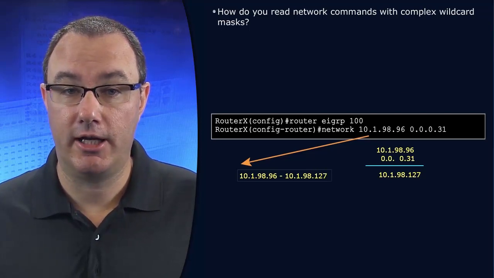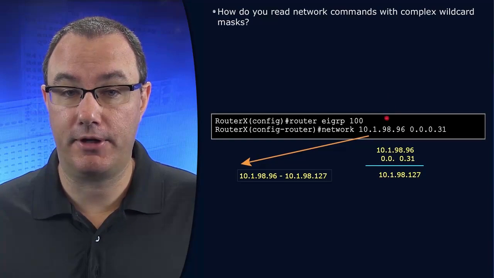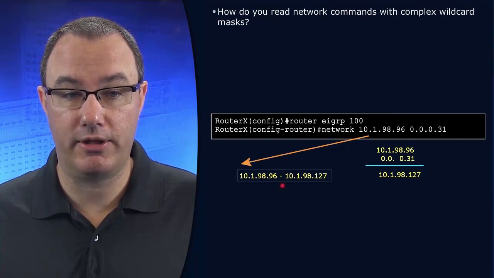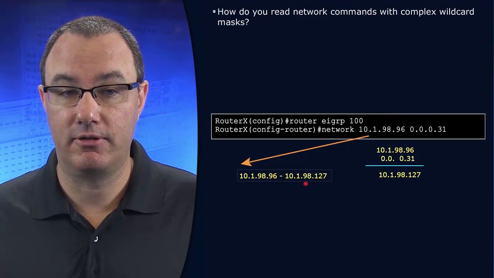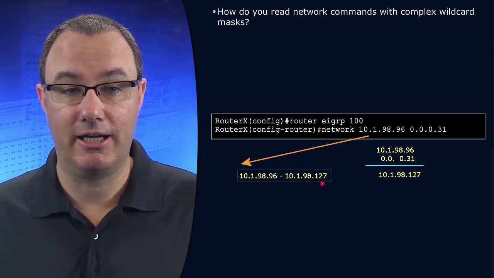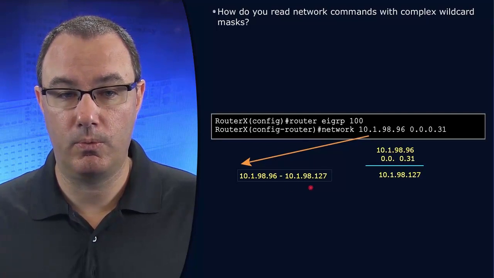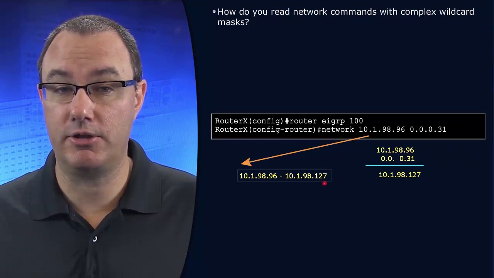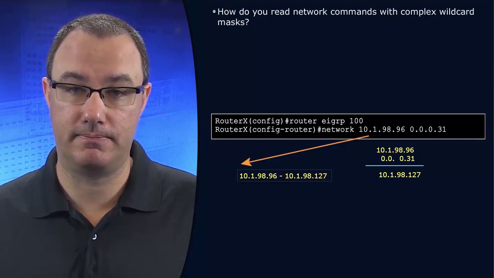It says, enable EIGRP on any interface within this space. Interfaces have IP addresses, assuming they're configured, and any interface with an IP address within this range would have EIGRP Autonomous System 100 enabled for it.